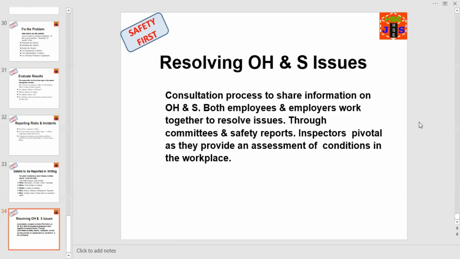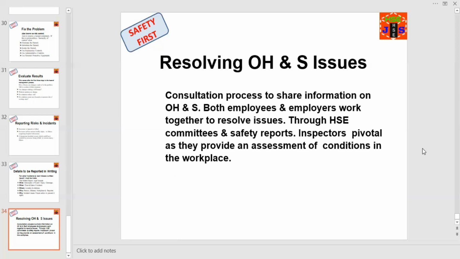To resolve occupational health and safety issues, the only way is the consultation process. Both employees and employer work together to resolve issues through HSC department, HSC committees, and safety reports.